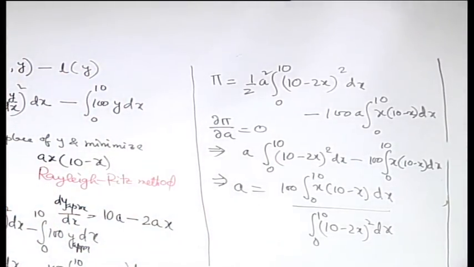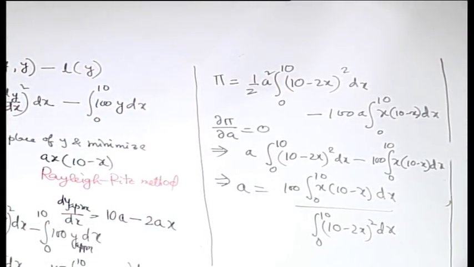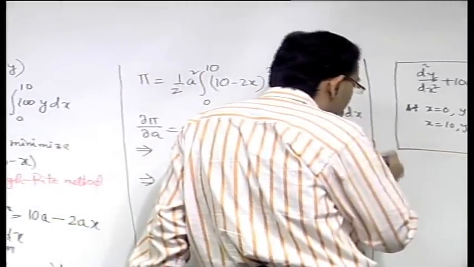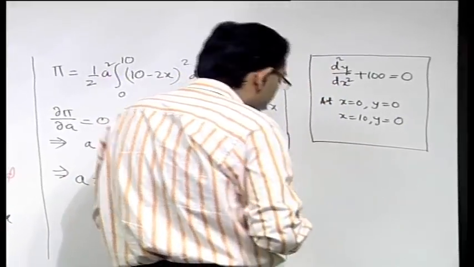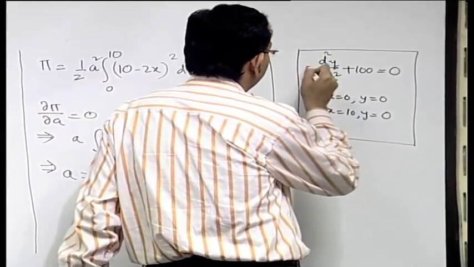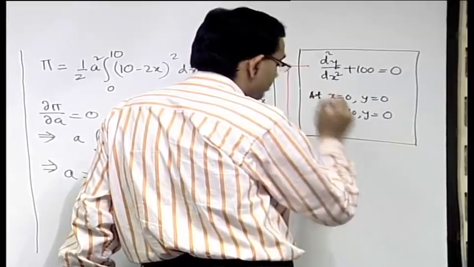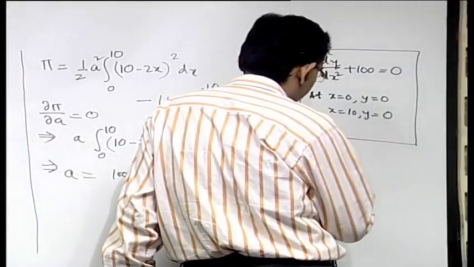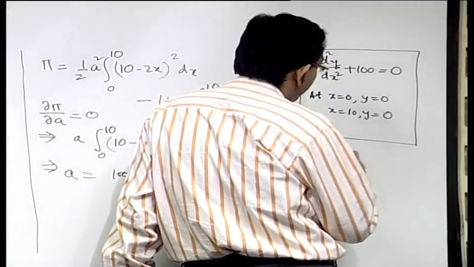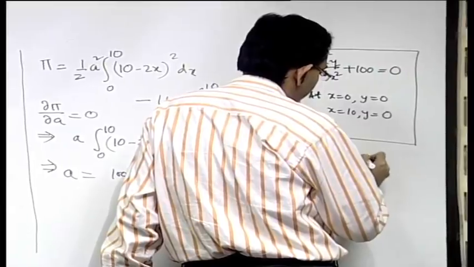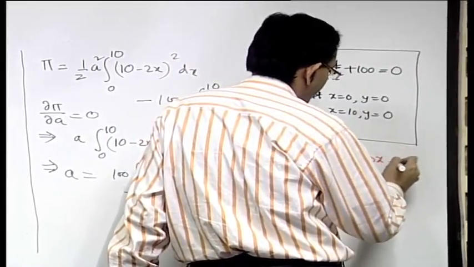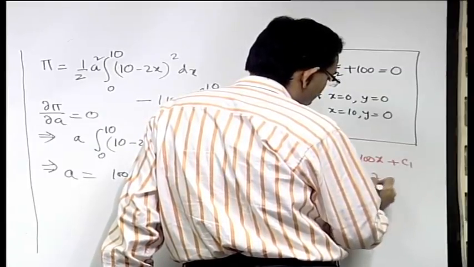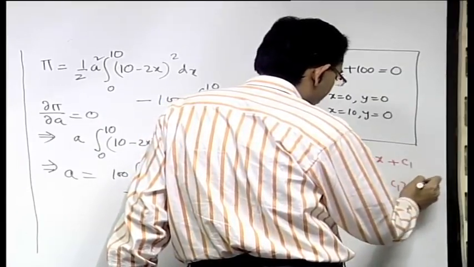Question is why we have got a equal to 50 for all cases. It is very easy to come to that conclusion. For that you just complete the analytical solution of this equation. So, you integrate it once, dy/dx is equal to minus 100x plus c1 and y is equal to minus 100 x square by 2 plus c1 x plus C2.